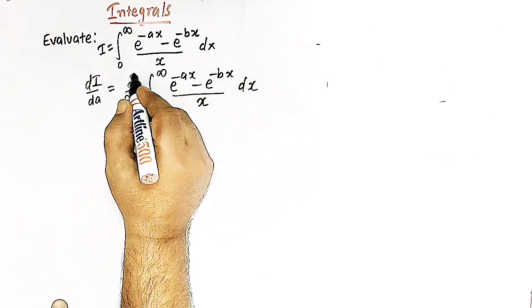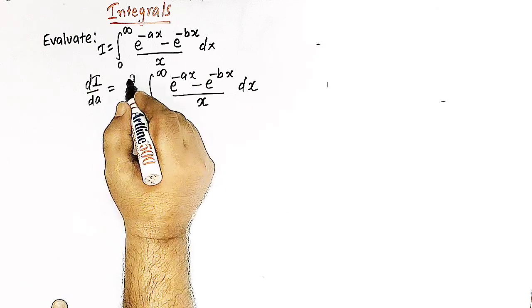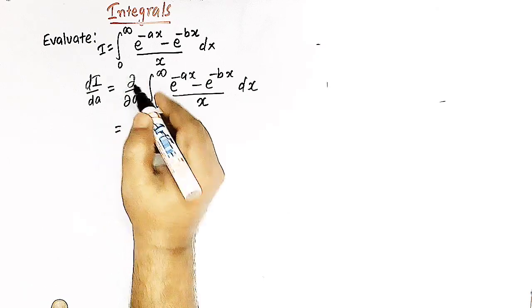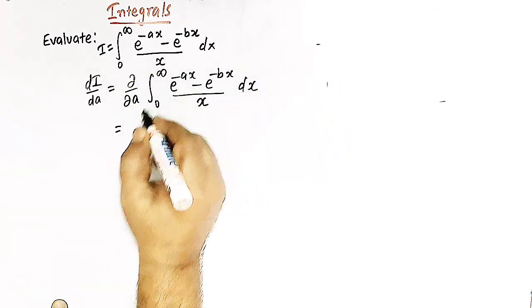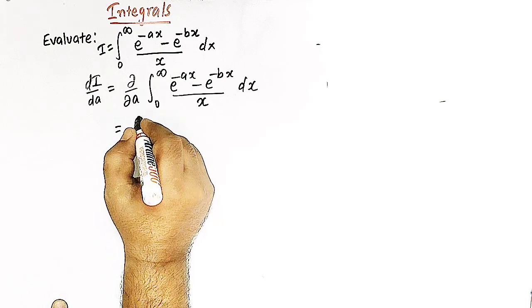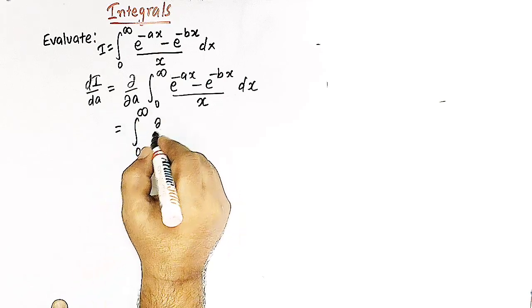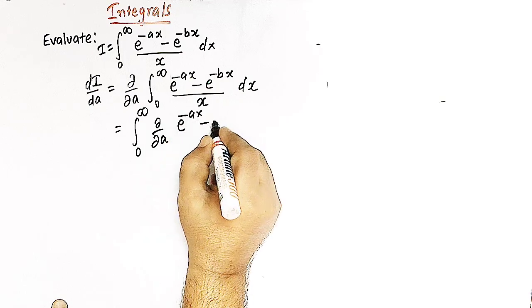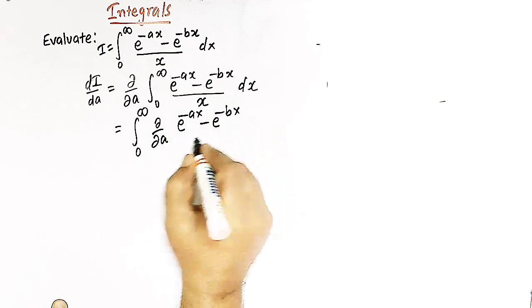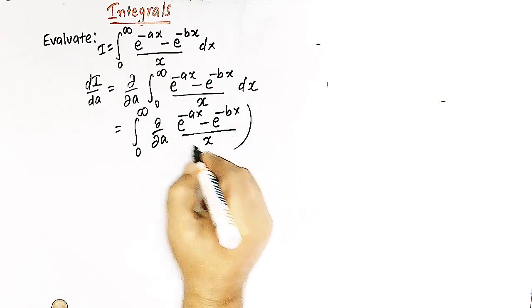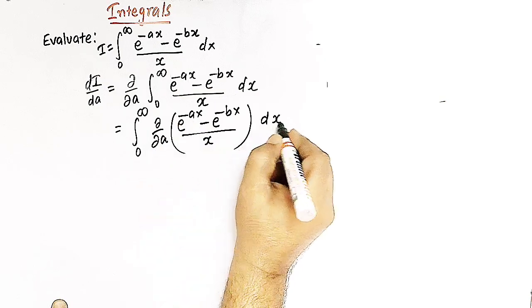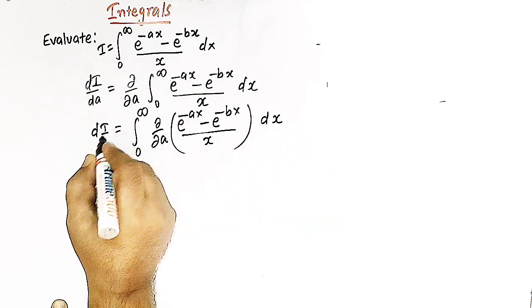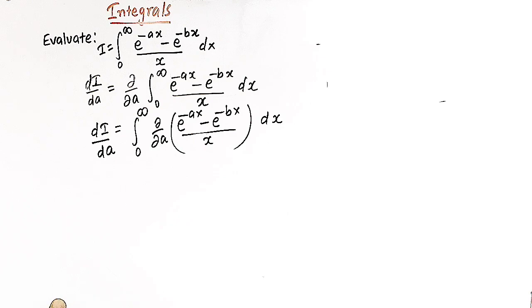Now we can take this derivative operator inside the integral sign. So we have the integral from 0 to infinity of del over del a of (e raised to minus ax minus e raised to minus bx) over x dx. So here we have dI over da.